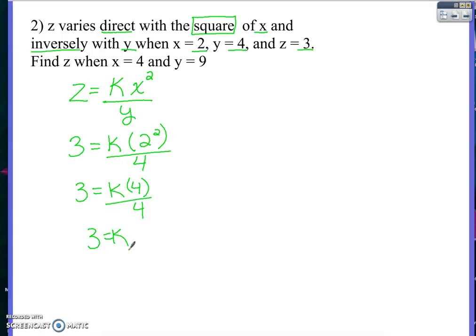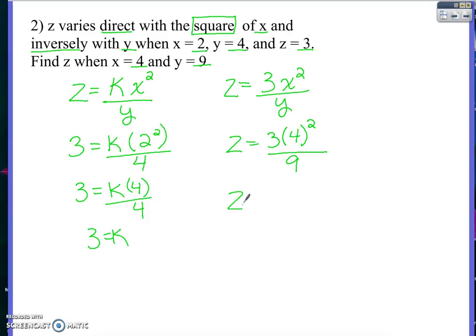Now that I know k, I'm going to go ahead and plug in my known values and solve for z. So z equals, k is 3, x squared divided by y. So z equals 3, my x is 4 squared, and I have 9 for y. So z equals 4 squared is 16. 16 times 3 is 48.